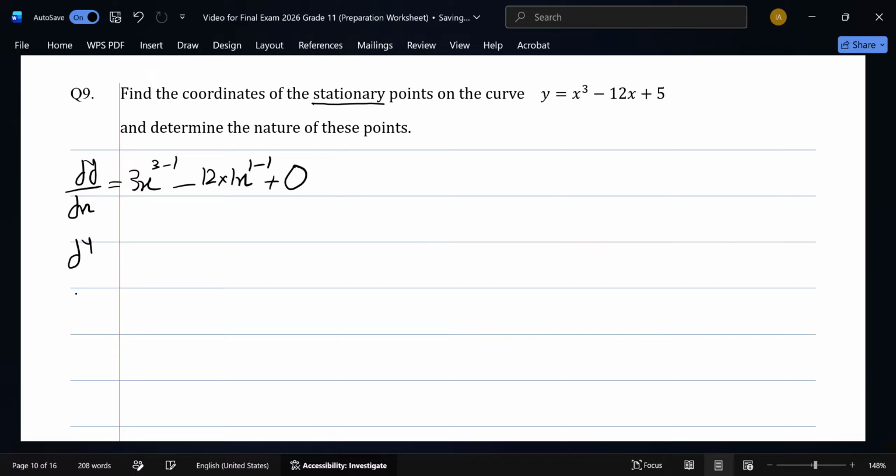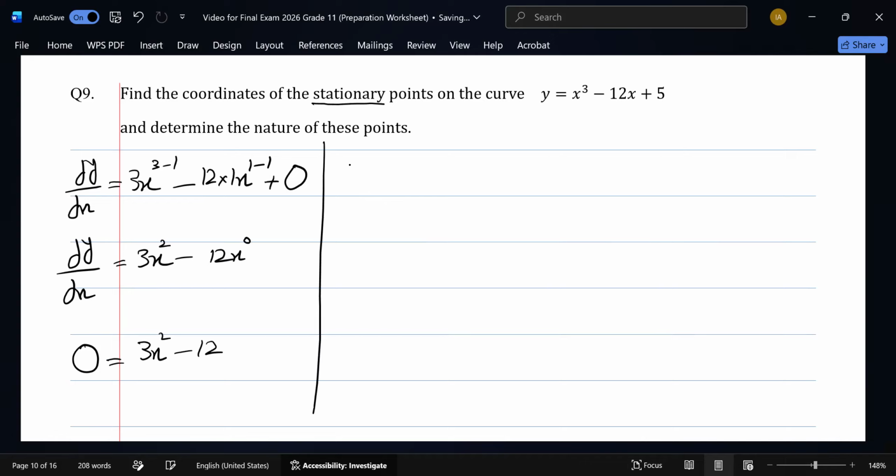So dy over dx is equal to 3x squared minus 12x power 0. Since I'm looking for the stationary point, dy upon dx must be 0, and this is 3x squared minus 12. I need values of x. Let's move 12 to the left.